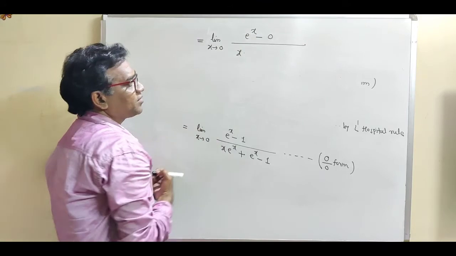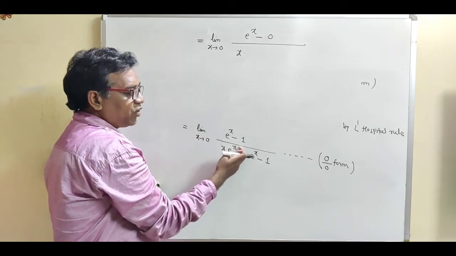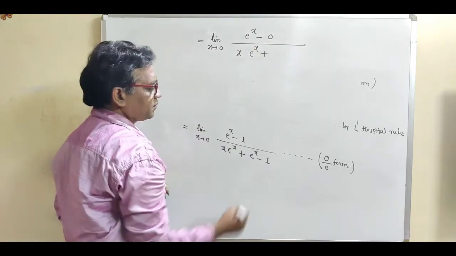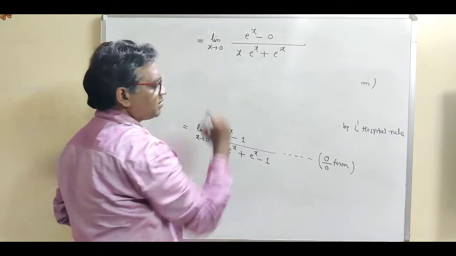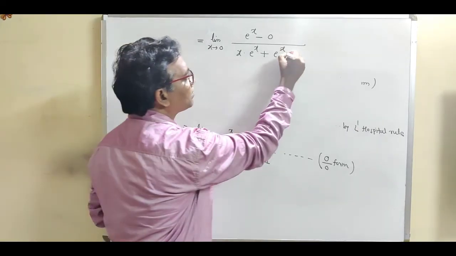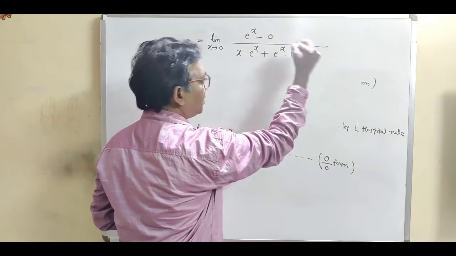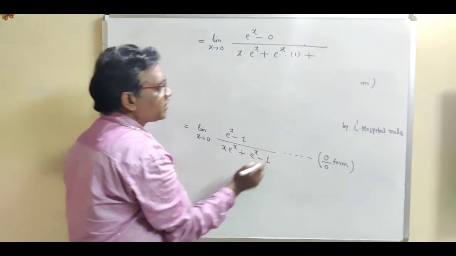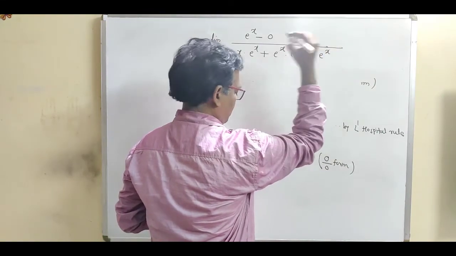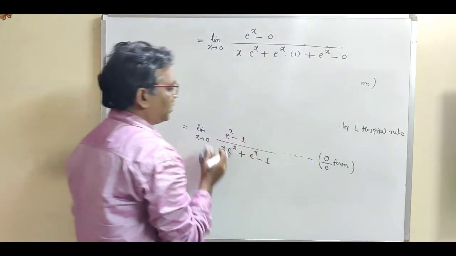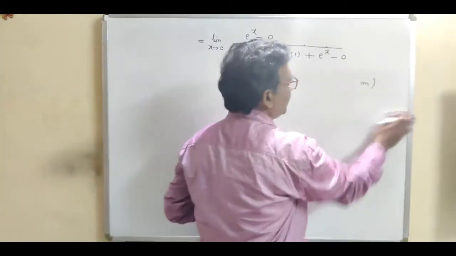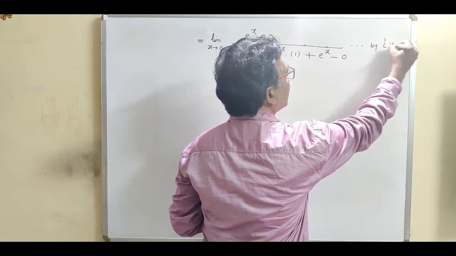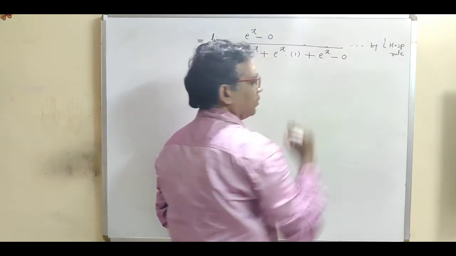First term as it is, x, into derivative of the second term, the exponential term, which is the same, plus second term as it is, e raised to x, into derivative of the first term, which is 1. So this is our product formula. Derivative of the exponential term is the same, minus derivative of a constant number, which is 0. So just give the same reason, L'Hopital rule.